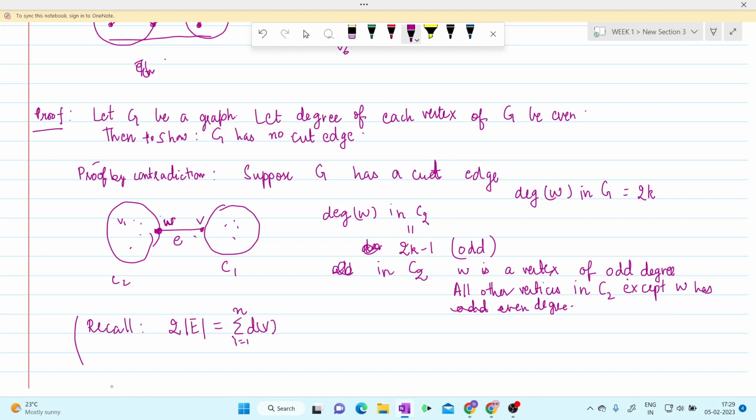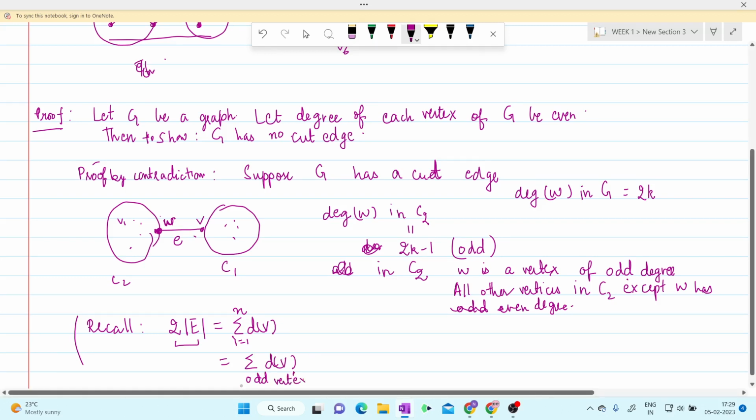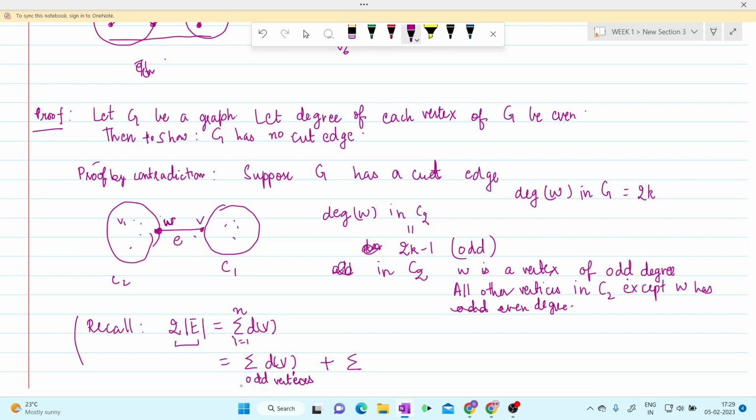So this sum is even. We can break this sum into two parts: first we are summing degrees of all the odd vertices, and second we are summing degrees of all the even vertices.